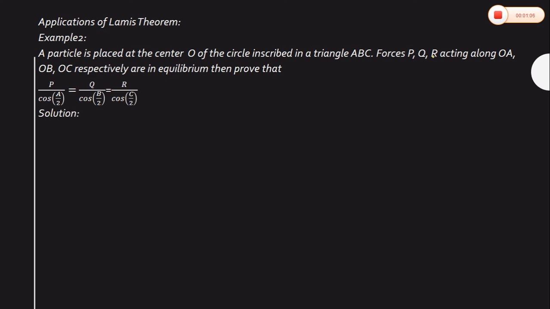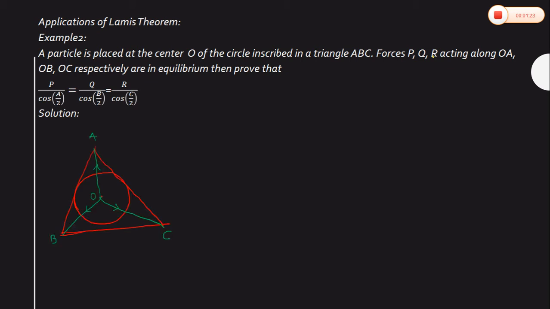To get the solution, according to the given data in the example, we have to construct a figure that will elaborate how we can solve the problem. So let us draw the figure.